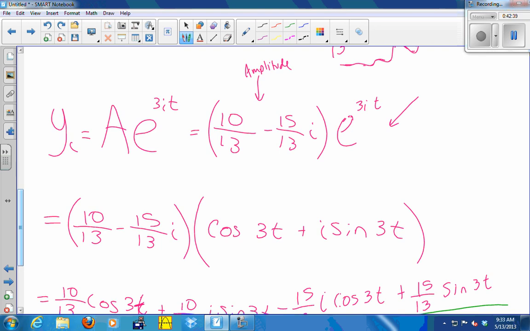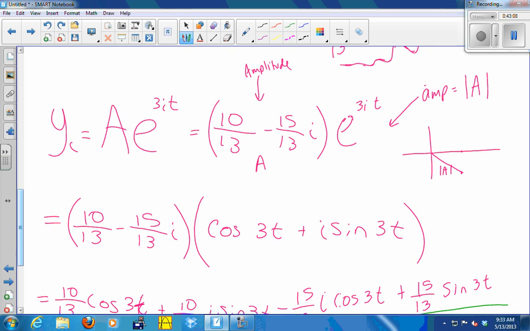So we want to find the distance of this thing. We could call this A, so the amplitude is the magnitude of A. So 10/13 minus 5/13 i in the real and imaginary plane would be like here, and then you want to find that length.